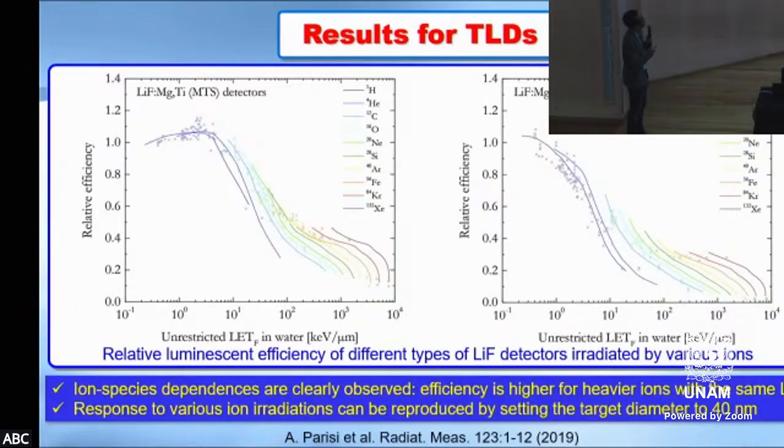And basically, heavier particles have a higher response if the LED is the same, because the speed is low. And this dependence can be perfectly reproduced by setting the target diameter to 40 nanometer in this case. So this is an empirical parameter. If you set a different number, we cannot reproduce the experimental data like this.